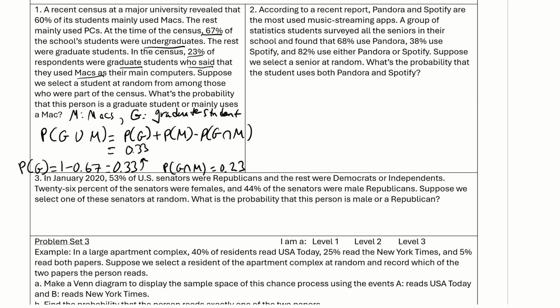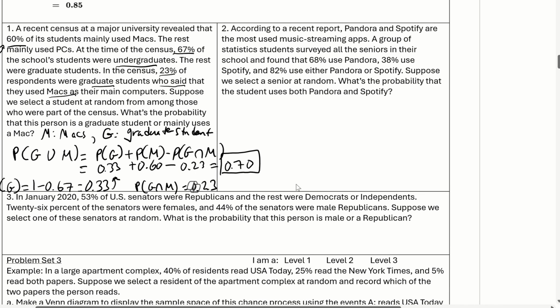And it says that 60% of its students mainly use Macs, so that's my P of M. So we have 0.33 plus 0.60 minus 0.23. 0.33 minus 0.23 is just 0.10, so this is going to be 0.70. So the probability that this person is a graduate student or mainly uses a Mac is 70%.